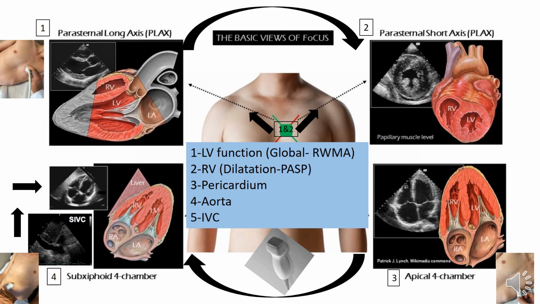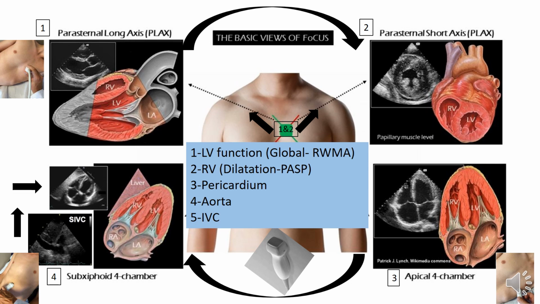So memorize these views. The probe at the third space directed to the right shoulder gets the parasternal long axis, rotating clockwise towards the left shoulder, getting the short axis view. Then at the apex, getting the apical four-chamber view. Then at the subcostal site, directed toward 3 o'clock to get the subcostal view, or at 12 o'clock to get the inferior vena cava view.